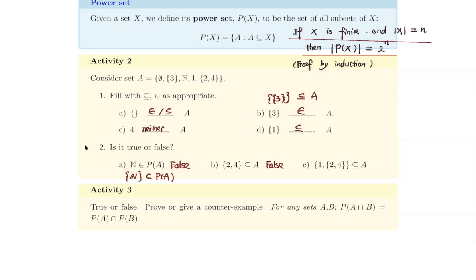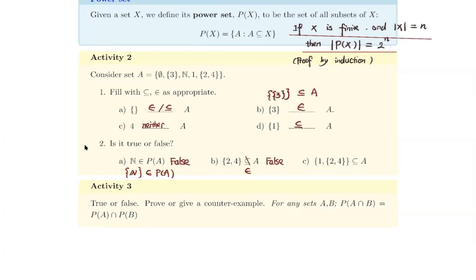Element of, exactly. Okay? 2, 4 is an element of A. Part C, the set of 1 and 2, the set of 1 and the set of 2, 4, this whole set is a subset of A. True or false? True, okay? True, this is true.